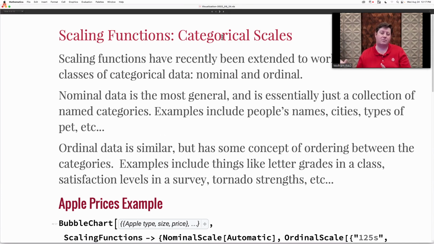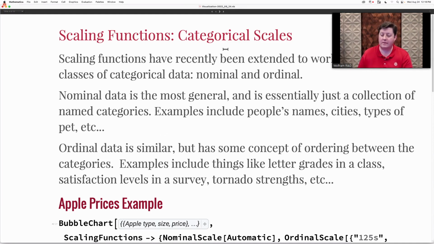It could be credit ratings, or if you go to the doctor and they ask you what your level of pain is, they typically have like a 10-point scale going from no pain at all to this is the worst that I've ever felt in my entire life. Or star ratings, 1 star, 2 star, 3 star type things might be a categorical scale if you aren't allowing things like 3.5 stars.